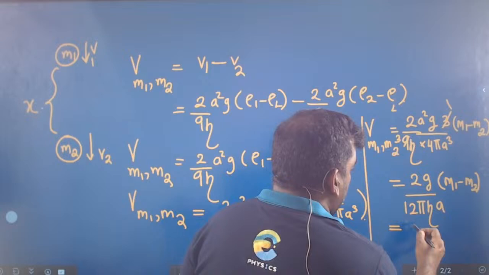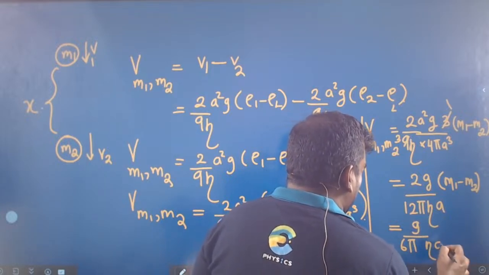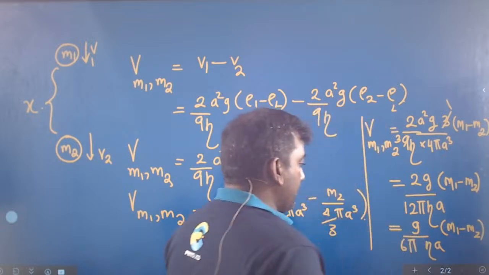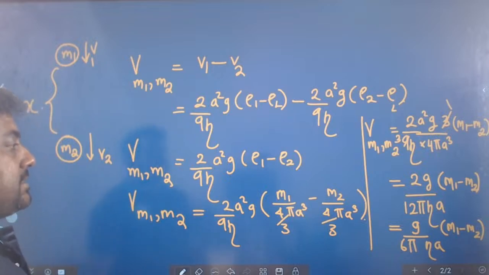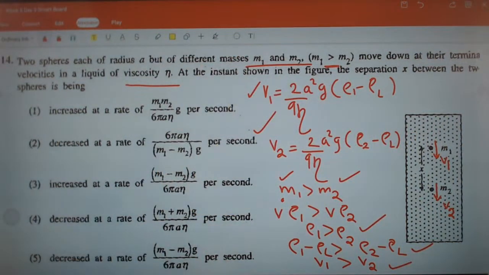Simplify this further: g over 6 pi eta a, m1 minus m2. So the distance will decrease. So g over 6 pi eta.